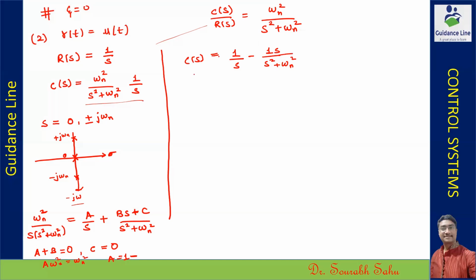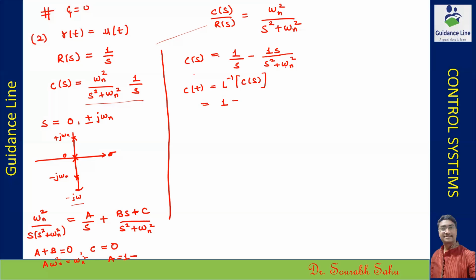If I convert it into the time domain, I simply calculate the Laplace inverse of C(s). 1 by s simply represents a unit step, so I write 1 over here. And this expression, s divided by s square plus omega n square, is the Laplace transform of cos of omega n t.